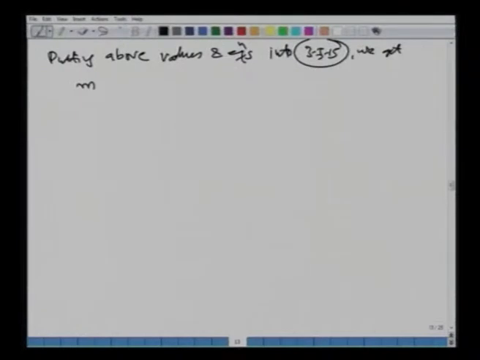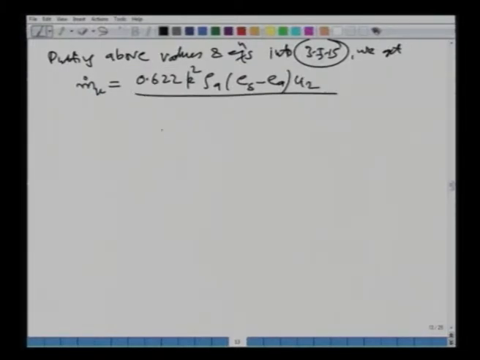We would have mv dot is equal to 0.622 of your k square, where k is the von Karman coefficient, which is 0.4, times rho A, density of the air, times your Es minus EA, times your U2, U1 has gone, and all of this divided by P, the atmospheric pressure, which can be measured, times natural log of Z2 over Z0, where Z0 is the roughness height corresponding to different surfaces, and for a water body it is given in the table which I just mentioned, whole squared.